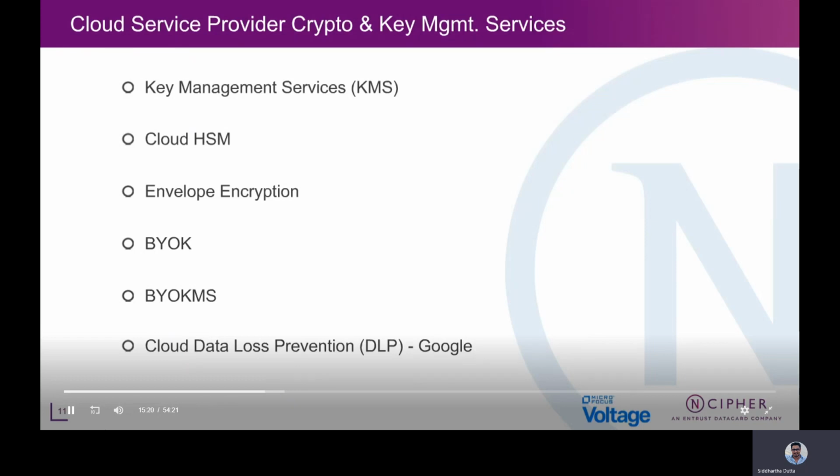Now, of course, one of the things that the cloud services providers make very clear and push is this model of shared responsibility, that there's a difference between security in the cloud versus security of the cloud. Security of the cloud is obviously those things that the cloud services providers offer and are responsible for.